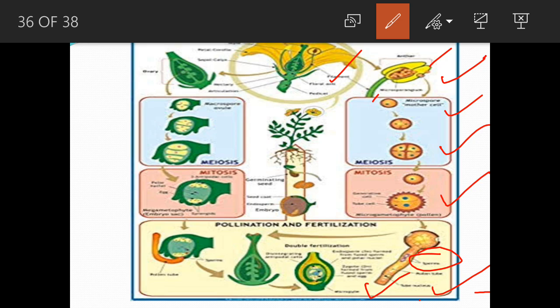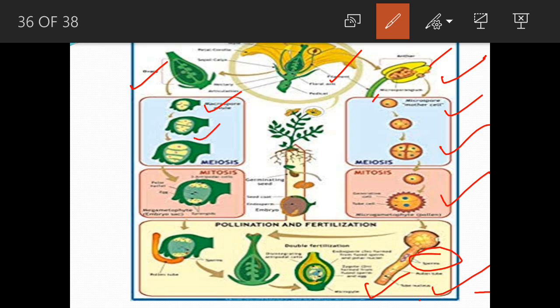Now on the other side, the female part consists of ovary, style and stigma. In the ovary there are ovules, and in the ovule there will be a nucellus.